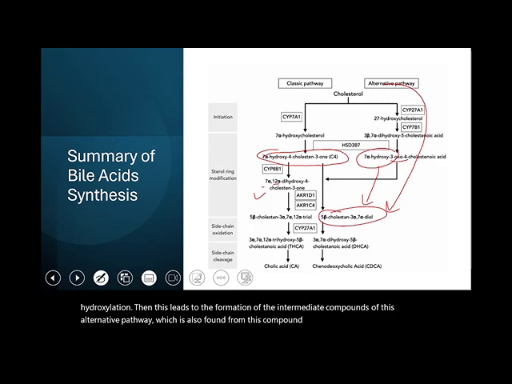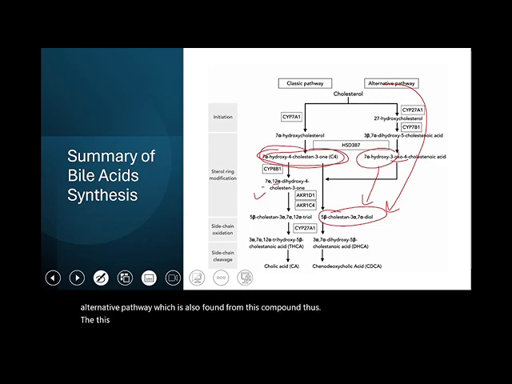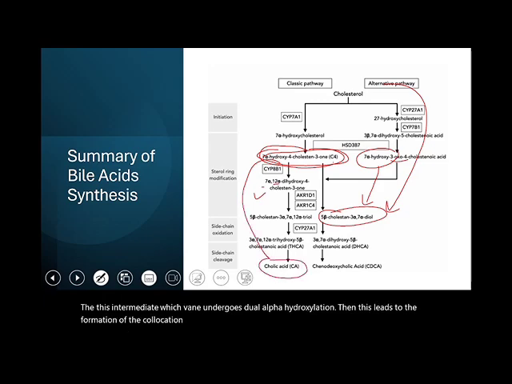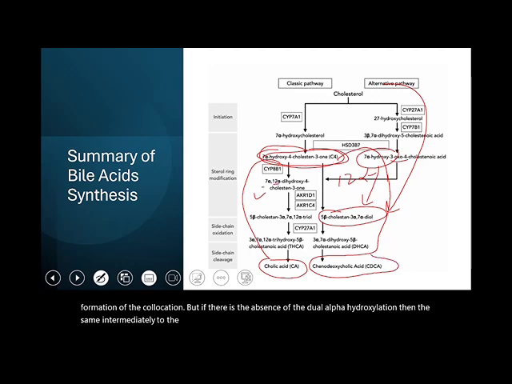Thus, this intermediate, when it undergoes 12 alpha hydroxylation, leads to the formation of cholic acid. But if there is an absence of 12 alpha hydroxylation, then the same intermediate leads to the formation of chenodeoxycholic acid, and this is all for bile acid synthesis.